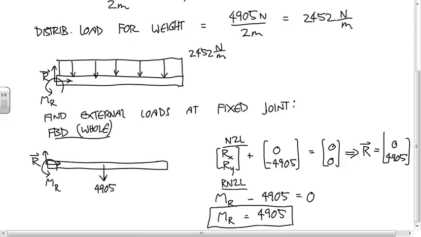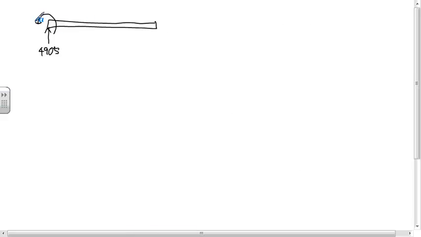Okay, so now what we have is an upward force of 4905 newtons, a couple of 4905 Newton meters, and a distributed load of 2452 newtons per meter.